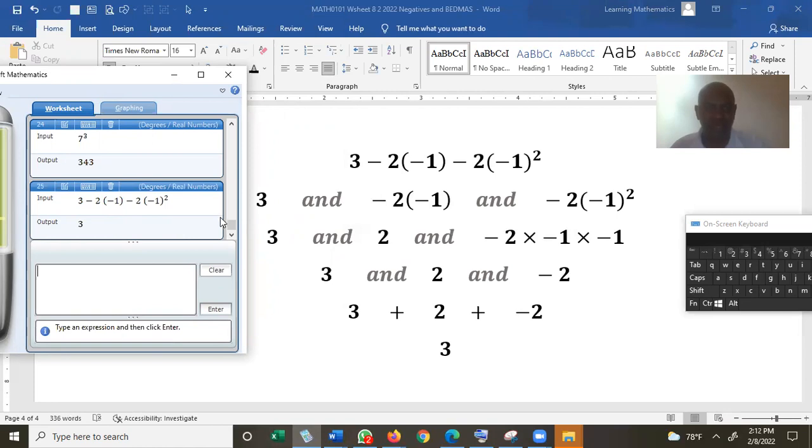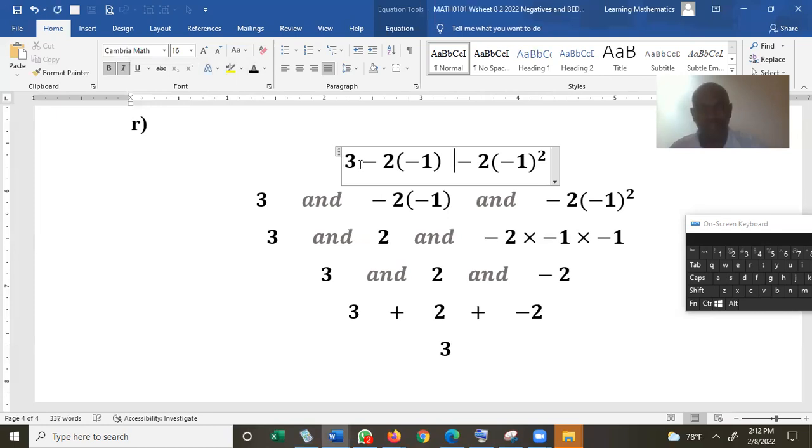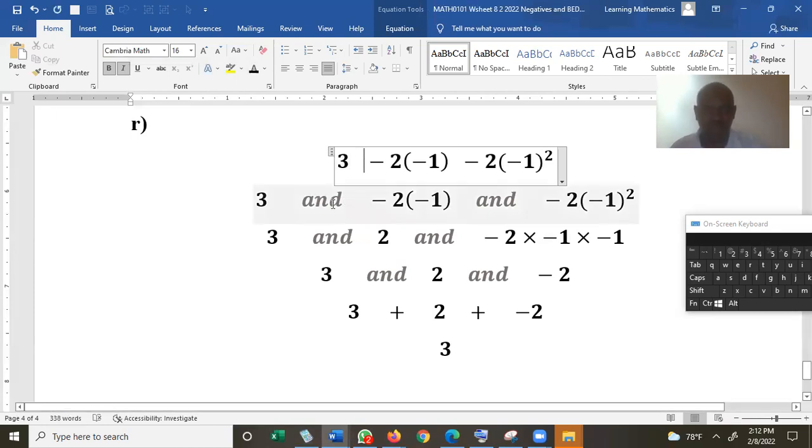The 3 is separated. This negative sign belongs to the 2. There's a multiplication, so they are glued to each other. The separation can start right here. And then once a space is created, you automatically have an and going on, and it turns to plus when you do the arithmetic. This is a +3.